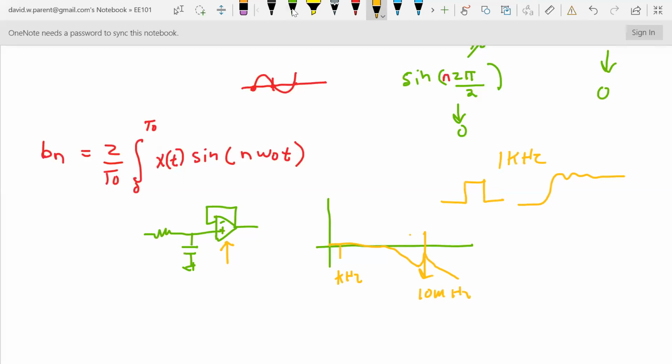But now we know that this pulse has omega naught at, I'm going to call it F naught, at 1 kilohertz. F1 is 1 kilohertz. F3 is 3. F5 is 5.